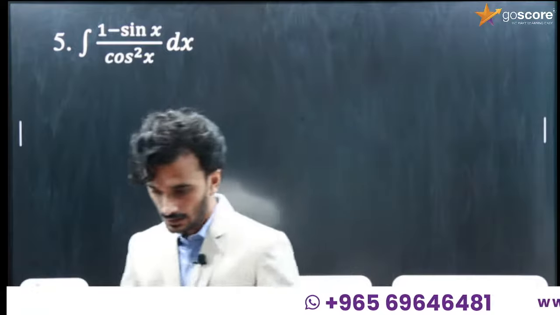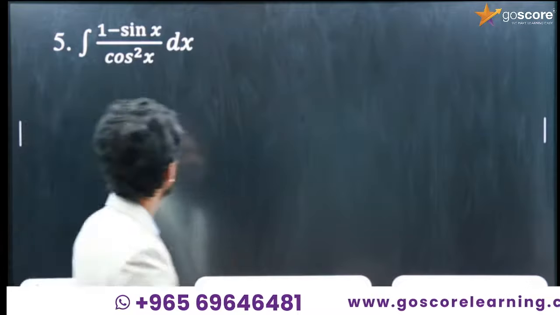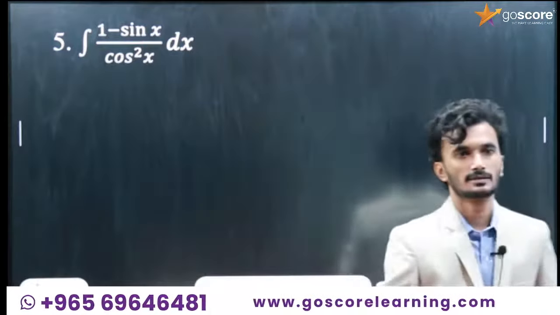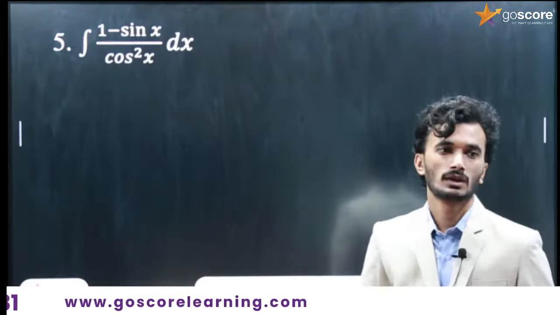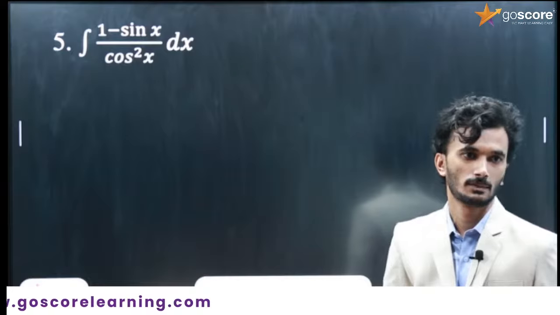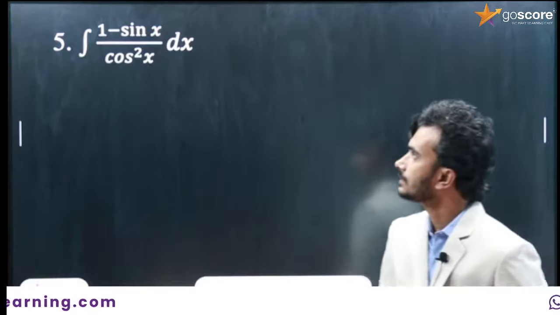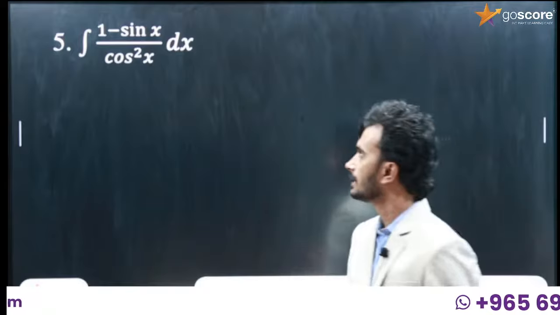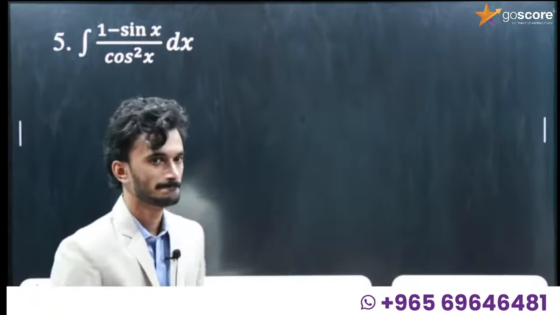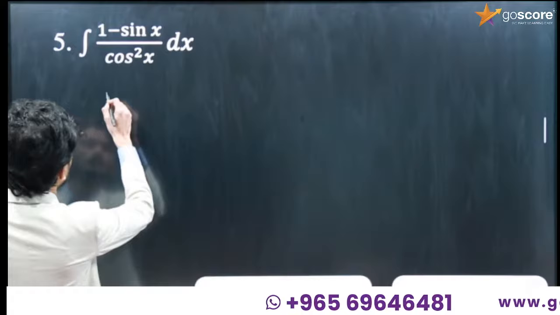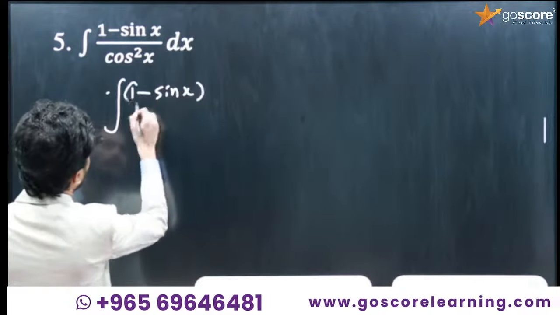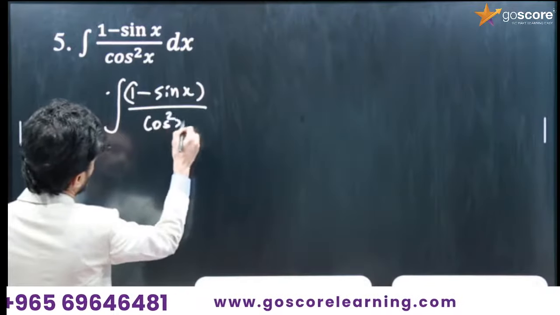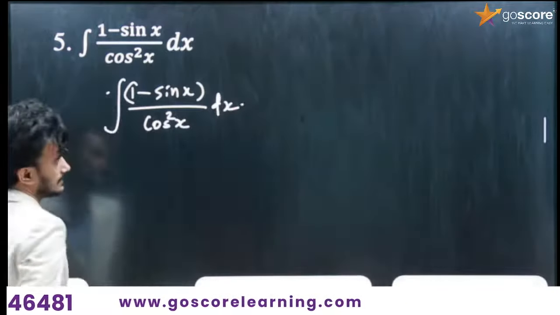Then the fifth one: integrate 1 minus sin x divided by cos square x. How can you integrate this one? So first I am writing 1 minus sin x divided by cos square x, dx.